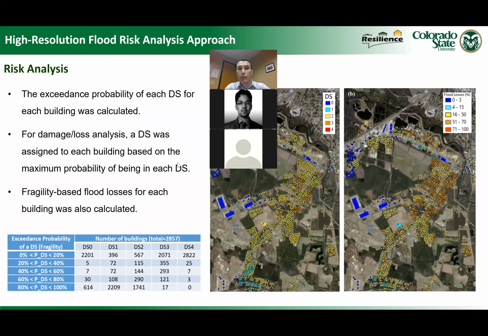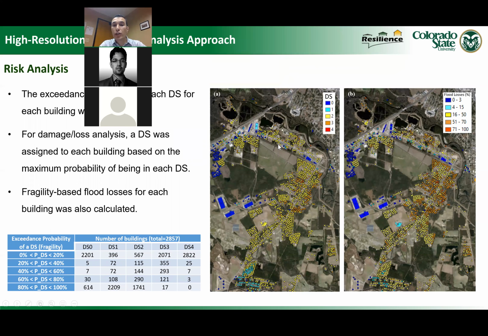And here it shows the results that we have. Here it shows the buildings color coded based on their damage state. The blue color coded buildings here have damage state 0, and the yellow buildings are damage state 2.